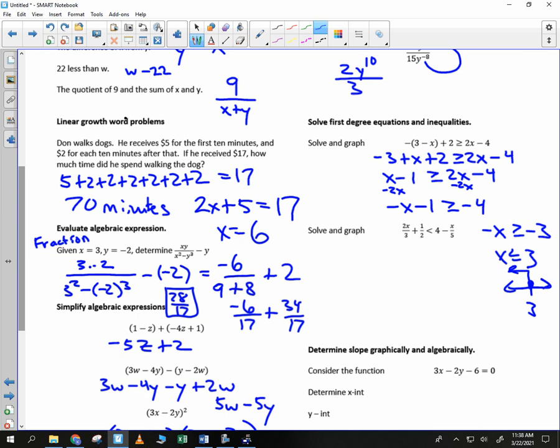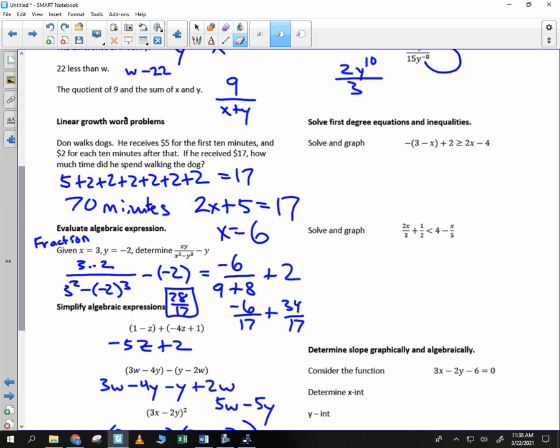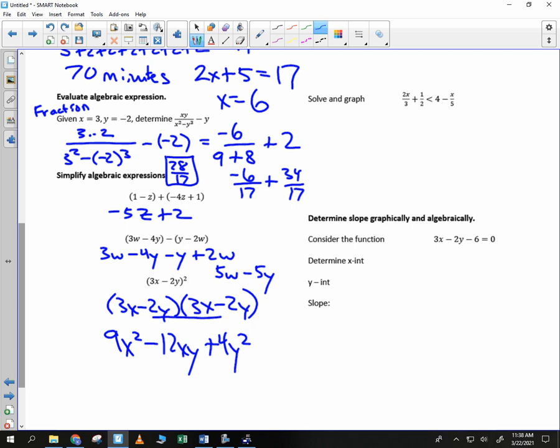So suppose you get a problem like this one on the ACT where they give you a bunch of fractions. What could you do to get rid of the fractions? What do 2, 3, and 5 all multiply to?